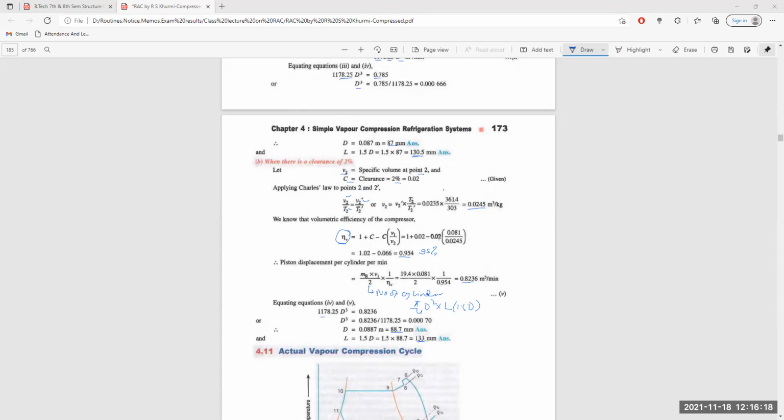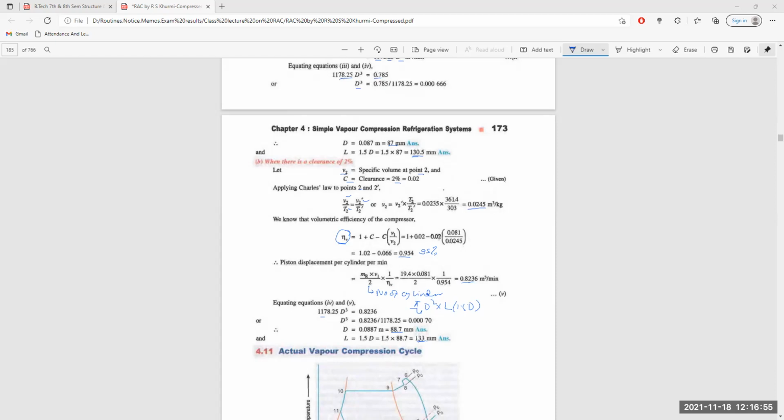We have done different cases like this. Always our aim was to improve the COP, which is the refrigerating effect divided by the compression work.